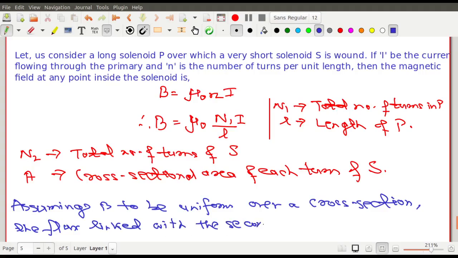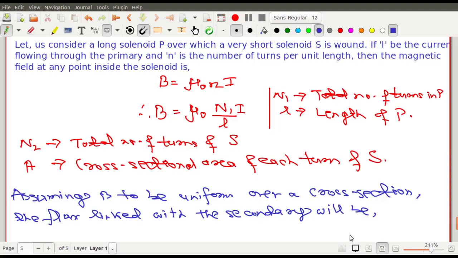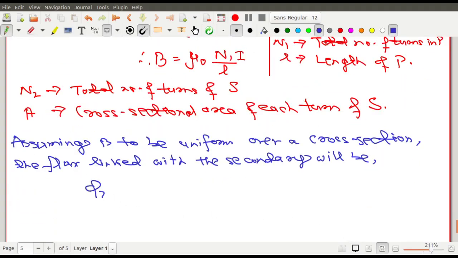try to understand the method of calculation without losing yourself in the mathematics. Don't get lost in the mathematics. Try to understand the methodology of the calculation. Mathematics you can do anywhere, anytime. So the flux linked with the secondary, that will be phi 2, is equal to N2 into A into B. That means it is N2 into A, and then mu 0 N1 by L into I simply.